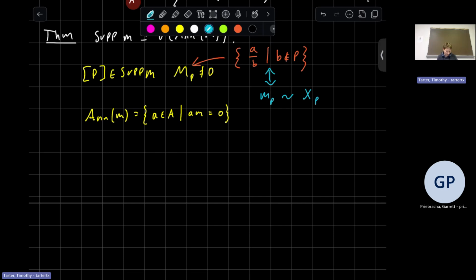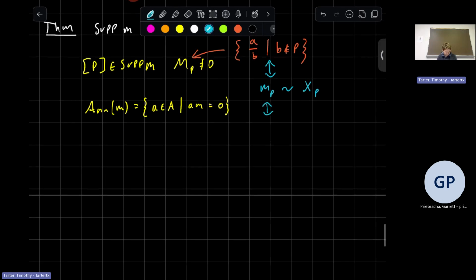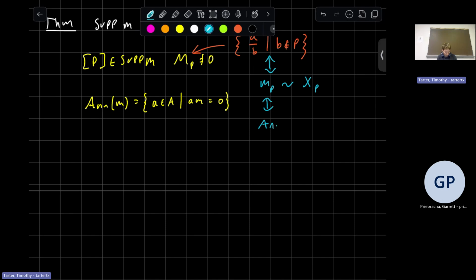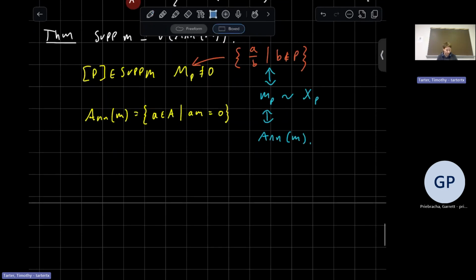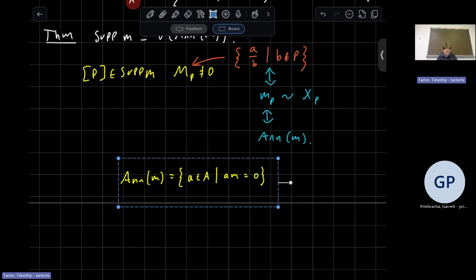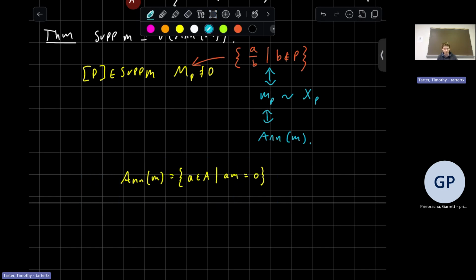And so this is kind of how we get our first containment. And this is proof sketching.